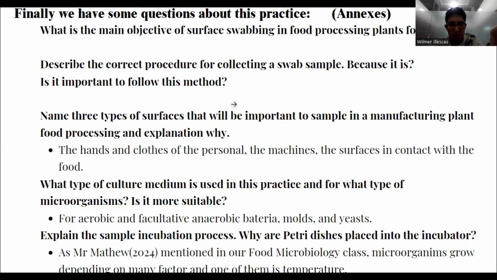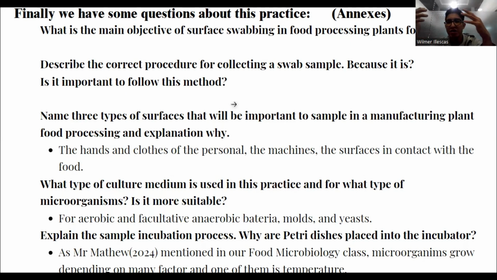As I have to mention from Mr. Matthew's classes, we've learned that bacteria and other microorganisms can grow at a certain temperature. And therefore we incubate them so that they can grow faster.